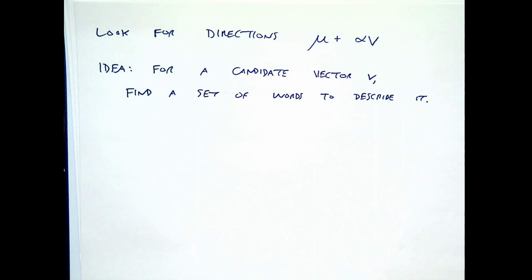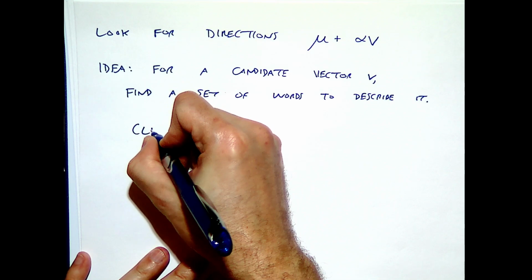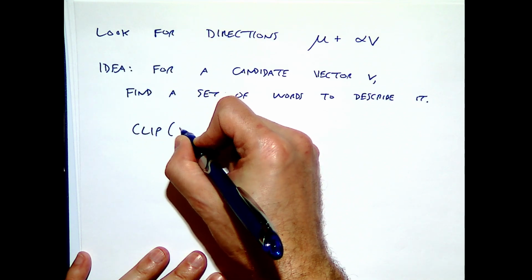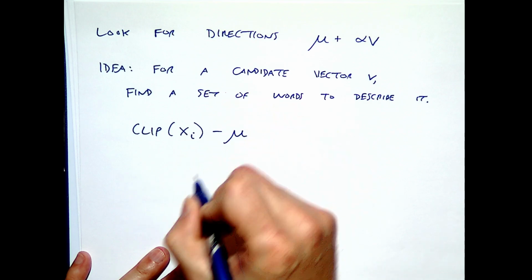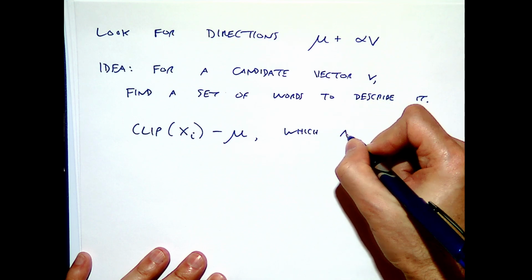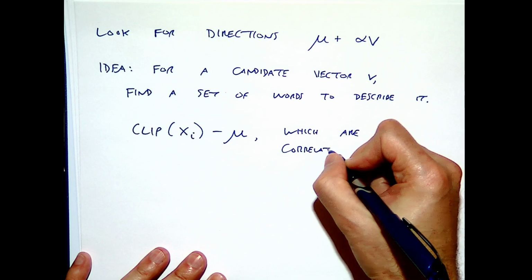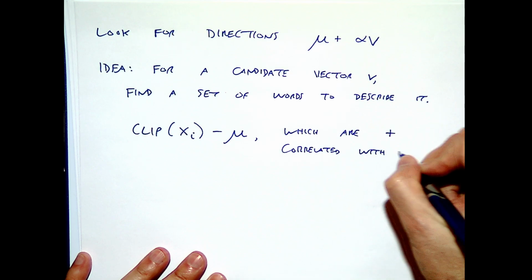So first I'm going to find a bunch of relevant samples, right? I've chosen a direction as a possibility, and now I'm going to ask which of my images in my data set match up with that vector, right? So I can look at the CLIP embedding of each of my images, subtract off the mean, and then ask which are positively correlated with the vector.